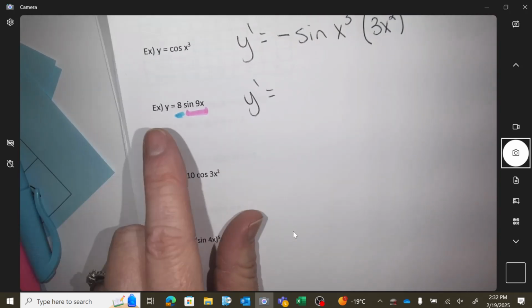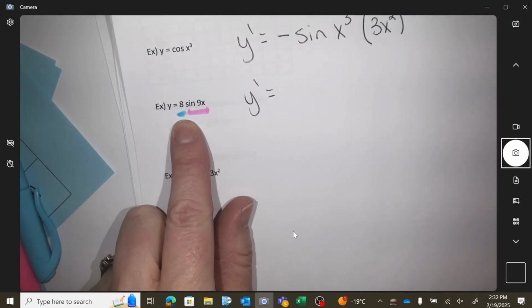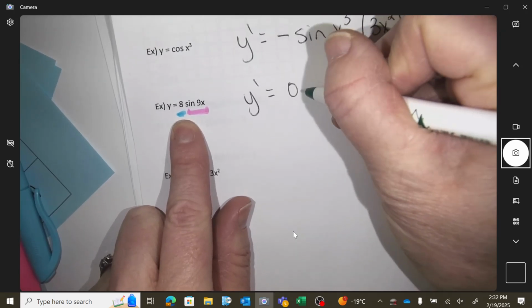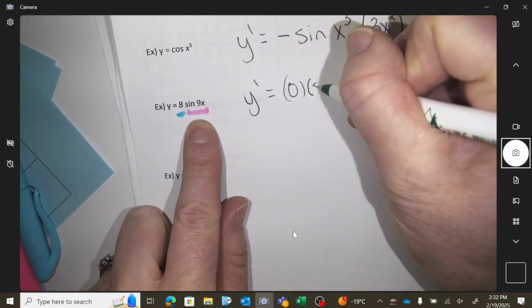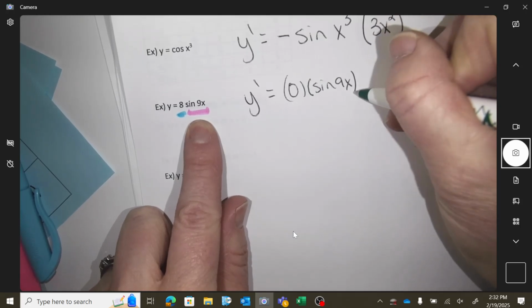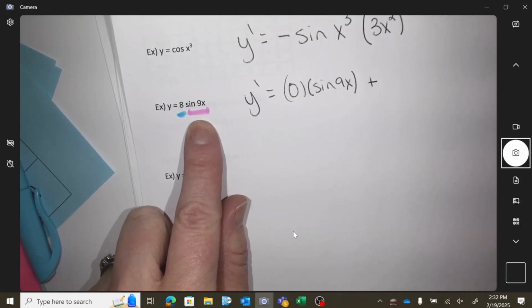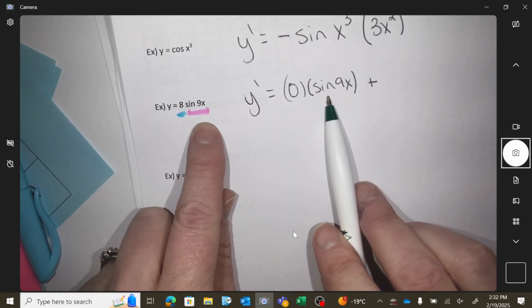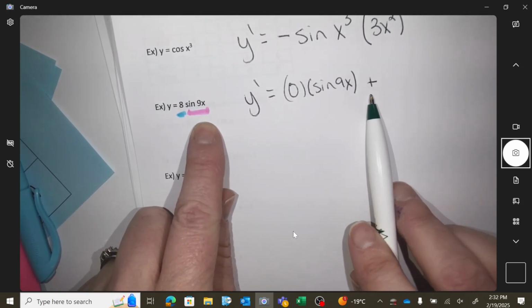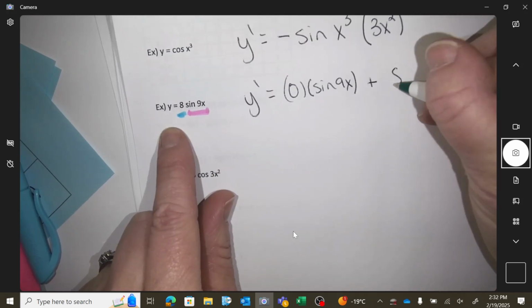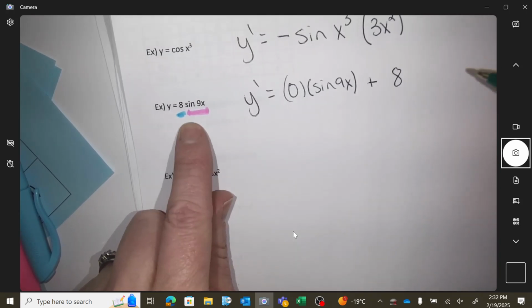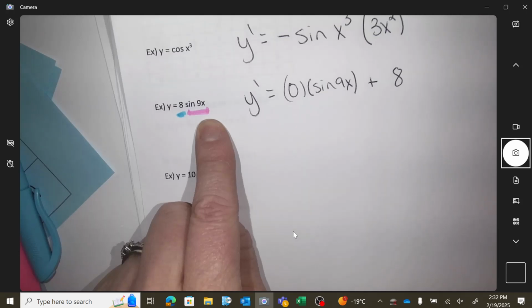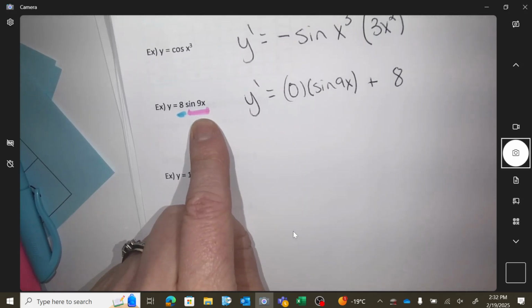What is the derivative of this blue? 0 times the original plus, okay, so I derived my blue, kept the pink, so then now I have to keep my blue one and derive this pink one. So it's a sine.